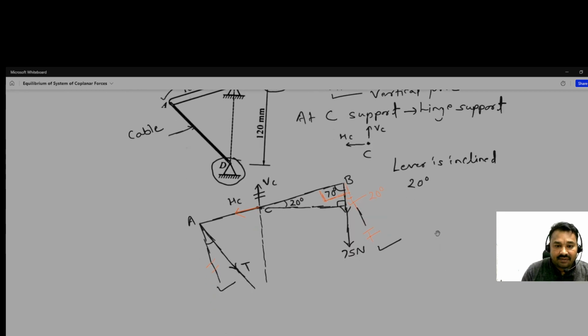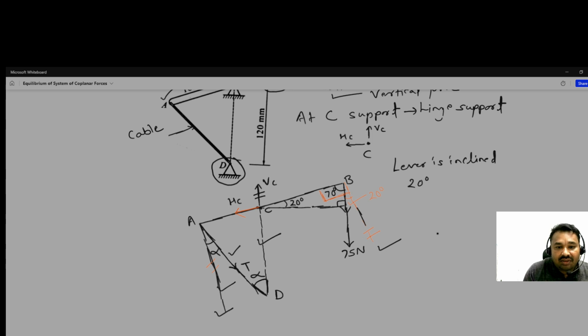So it is meeting here, and suppose we give the name D, and this angle is alpha. So if this angle is alpha, this one and this one both are parallel, so this angle and this one is common, so that's why this one will be alpha.